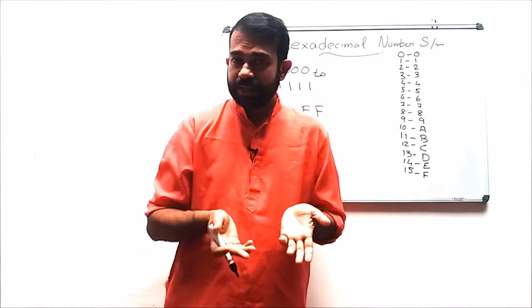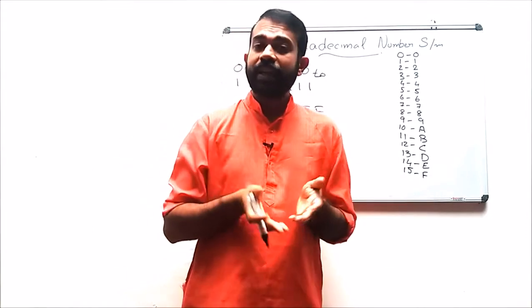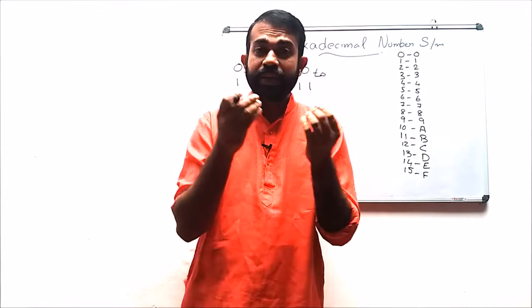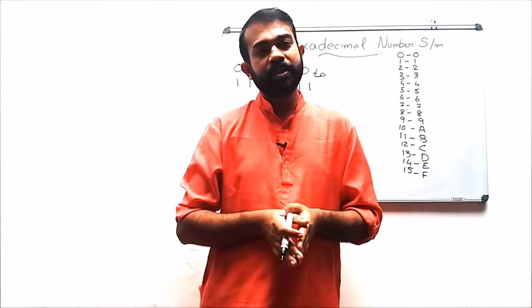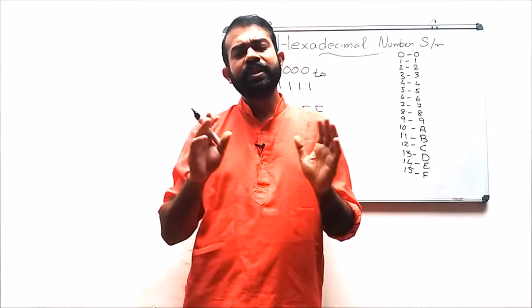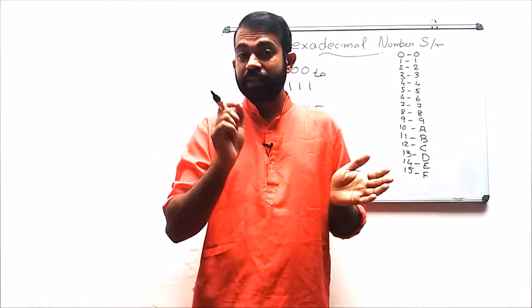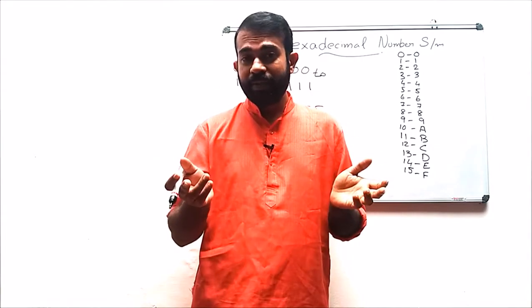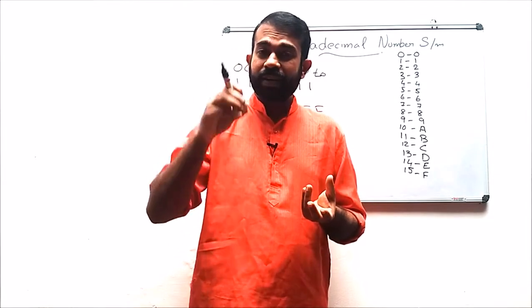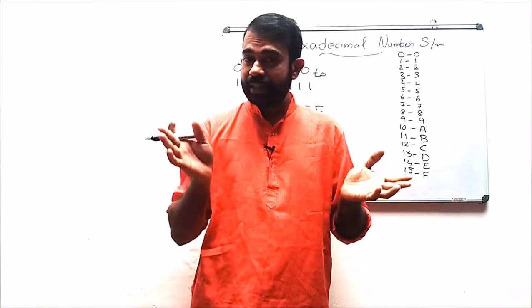Some of the applications are, of course, the first application itself: shortening or reducing the binary representation into a human readable hexadecimal representation. Another application: all digital devices use the term pixel. These pixel values are used to represent how data or colors are represented in a digital device.